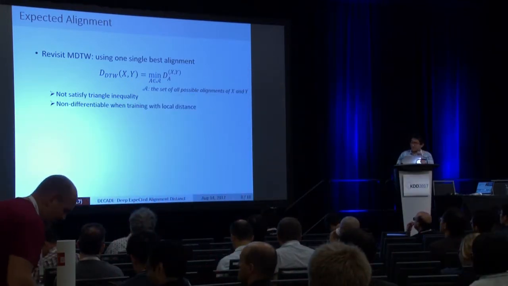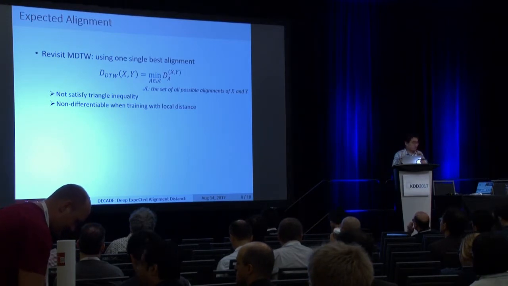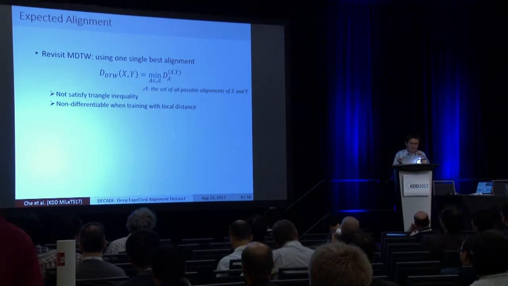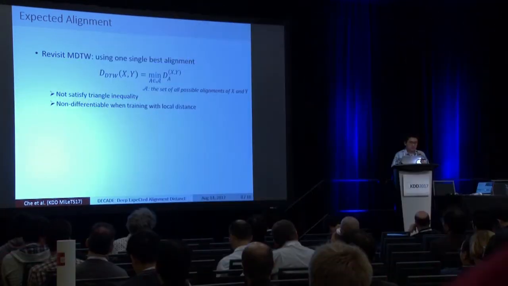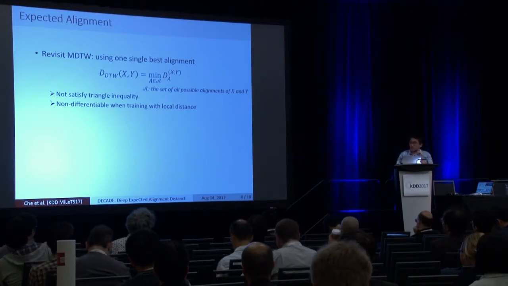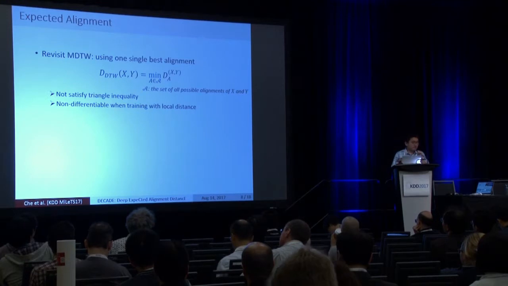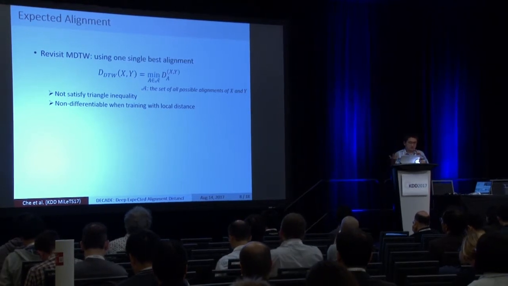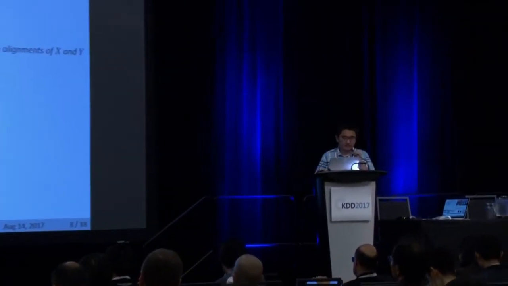And also, if we want to learn the local distance with DTW, the alignment itself is non-differentiable if we train it with end-to-end backpropagation. So we either go with alternating training, which optimizes the alignment and the local distance alternately, or we will be trapped in local optima, and the training can be very inefficient.